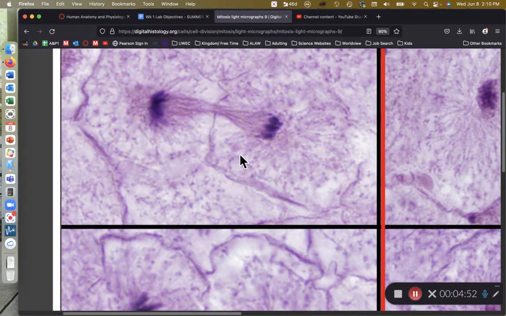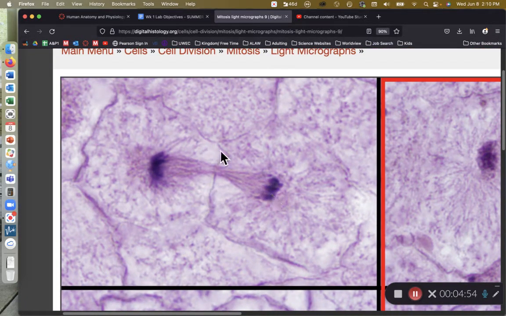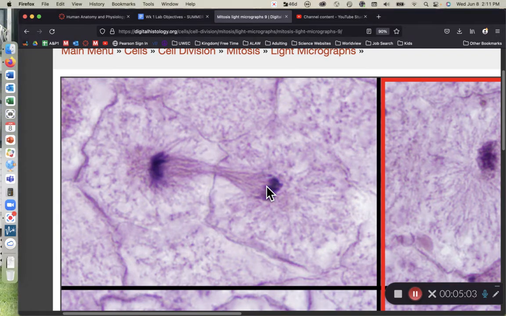If we look at early telophase, this is probably what I fixate on the most when I'm looking at physical microscope slides in the lab. We have 1, 2 brand new nuclei forming, and that's going to be telophase. So what stage of mitosis is this? It is telophase. Now if I was to ask you what this indentation right here is, let's annotate that screen.